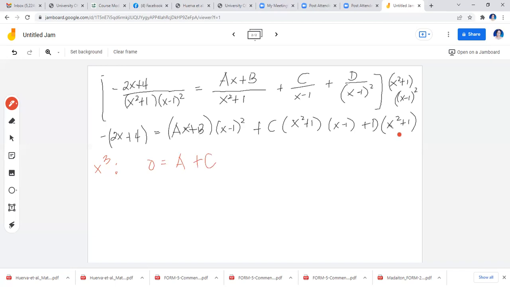Now, if we do x squared, still the left side does not have an x squared. It's still a 0. Now, here comes the tricky part. This one, if expanded, is x squared minus 2x plus 1. When will I yield an x squared here? If this negative 2x will be multiplied to ax here, that will be negative 2ax squared, right?